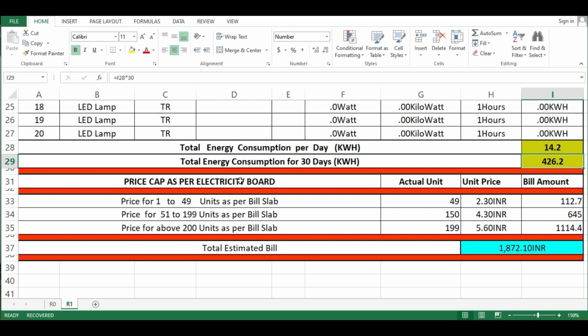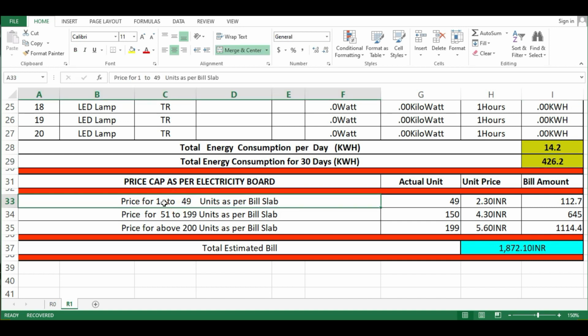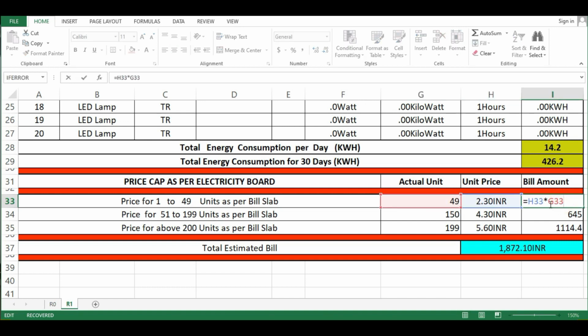Now we will go for the price slab calculation, that is the price cap of the electricity board. Suppose in your area for 1 to 49 units the bill slab as per the electricity board is 2.3, so we have entered 2.3 over here, and the unit is 49, so multiplied, it comes to 2.7.